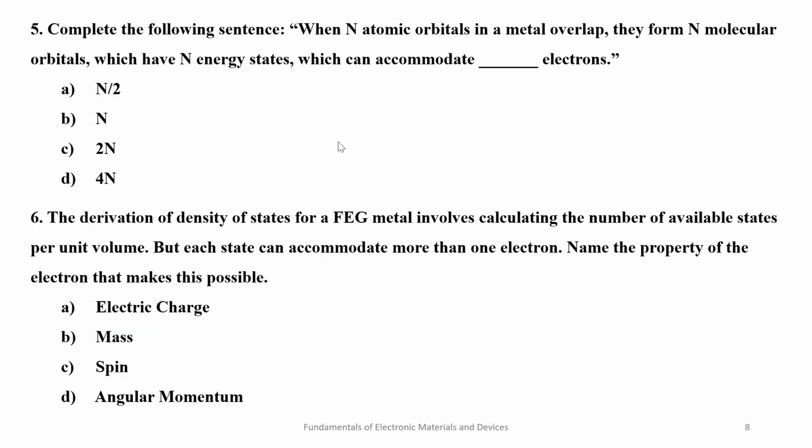Okay. So next is, complete the following sentence. When n atomic orbitals in a metal overlap, they form n molecular orbitals which have n energy states which can accommodate dash electrons. So molecular orbital theory, if you have gone through the weak contents, you might have studied. When atomic orbitals overlap, they form something known as molecular orbitals. And eventually they merge into energy states, which give rise to the conduction band and valence band.